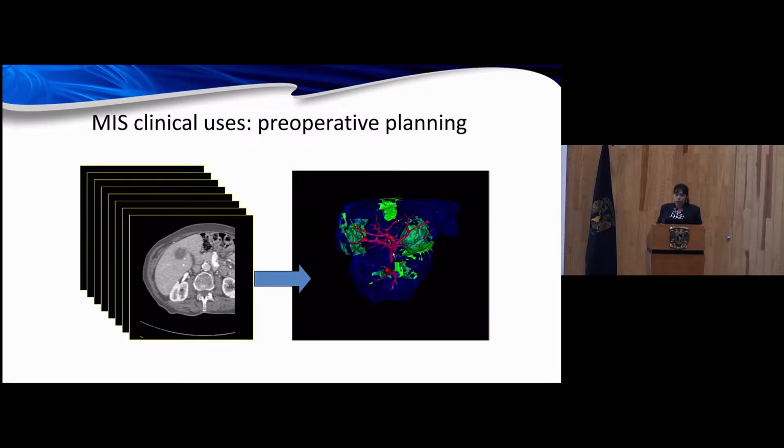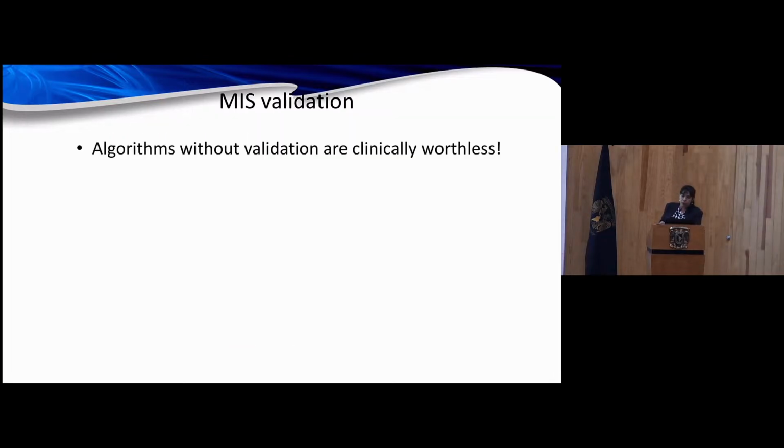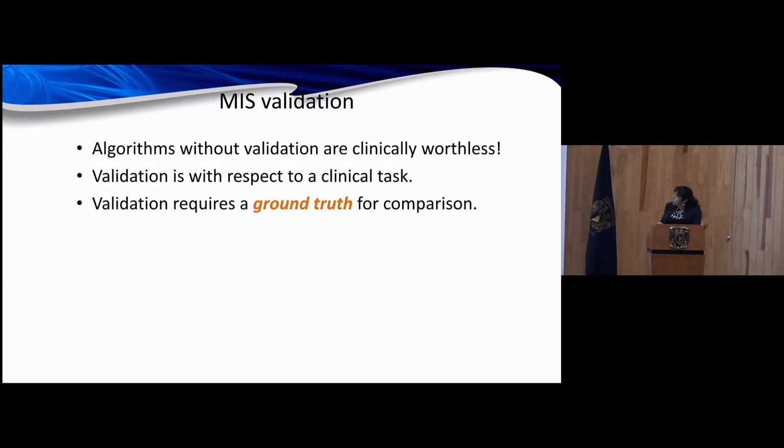In order to do that, we need to validate all these algorithms that are created, and normally validation requires a ground truth for comparison, which is very, very difficult, because in human or biomedical organs we normally don't have a ground truth. This is where clinicians help a lot.